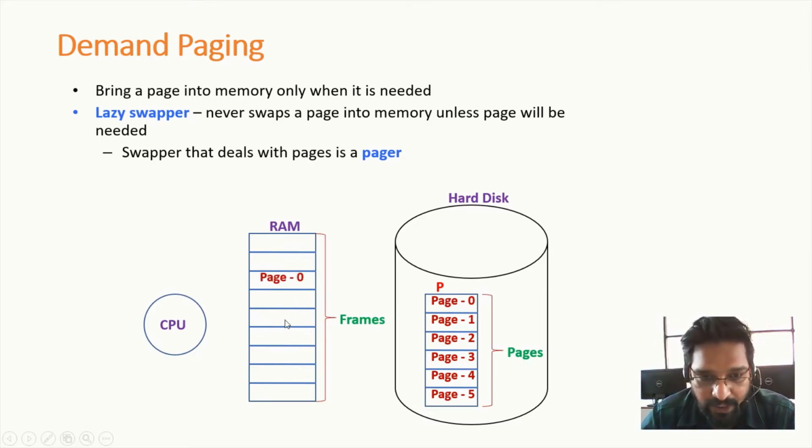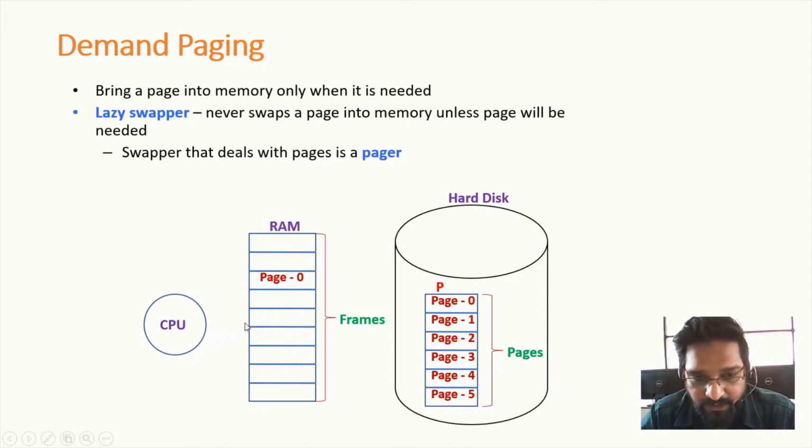Once page number 0 has been moved inside the RAM, the CPU is going to execute an instruction present in page number 0. Once it finishes executing, it is going to request the next page of process P. For example, let us assume the next page is page 1.